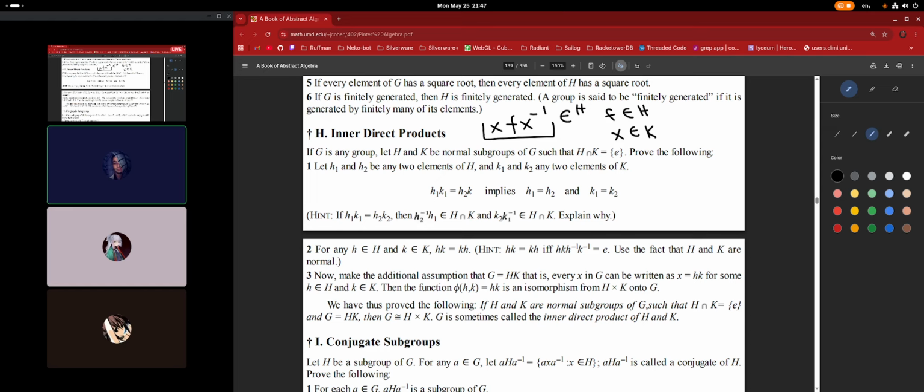Okay, so what this is saying is that if you have H in H and K in K, then HK equals KH, which means that they commute. And the hint talks about commutators. Yes. Okay, I don't know how we're going to plug the commutators in there, but that's okay.